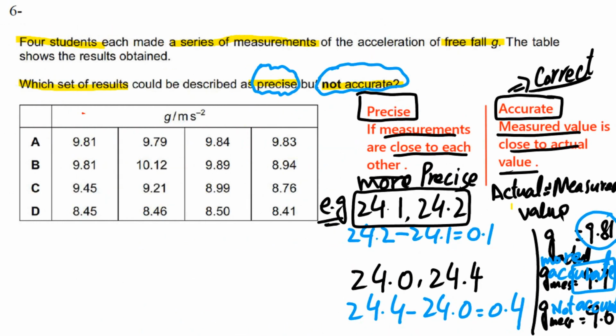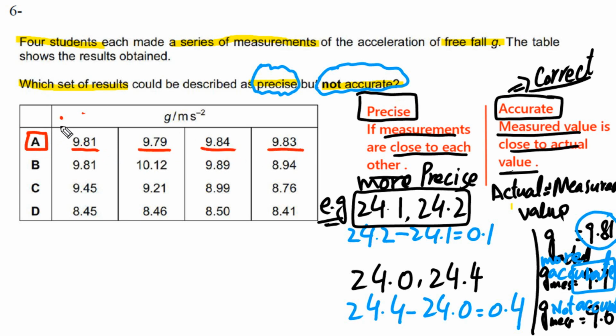Now we understand the meaning of precise, and also the meaning of accurate. So let's try to answer this question and find the best possible option. If we look at option A, we have 9.81, 9.79, 9.84, 9.8.